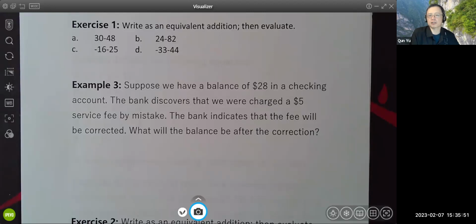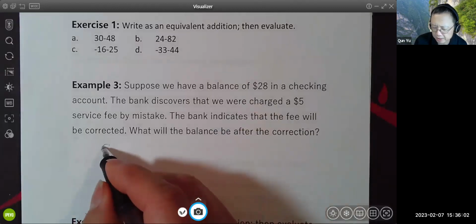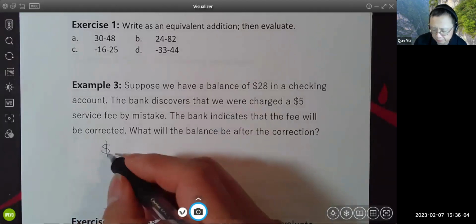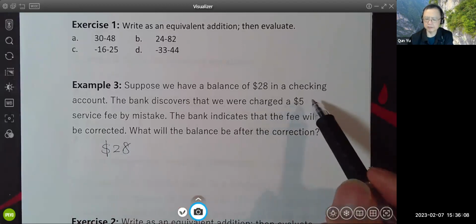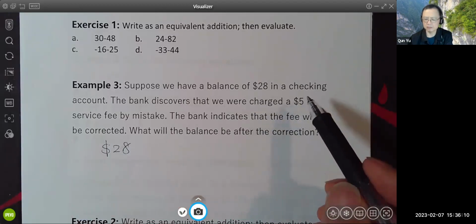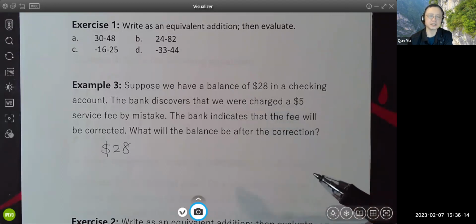So since the $5 is given to you, returned to your account, it is a positive number, it's not taken away. Okay. So now we start with $28. Since this $5 initially was charged as a fee, it's a negative number. Now they want to take it away.